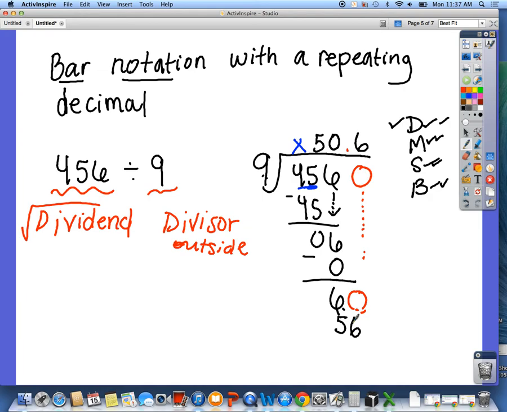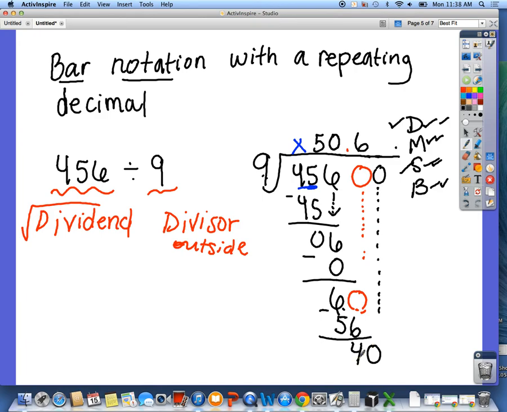That's my multiplication. Subtract, and I'm going to get 4. And again, I can't write a remainder, so I'm going to annex another 0, and I'm going to bring it down. And I'm going to start the process over.